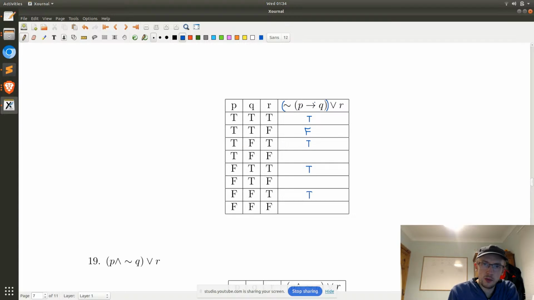Next up, true implies false. Well, that's false. Negate, true. So there. False implies true. True. So false. False implies false. That's true. That's false. So false.